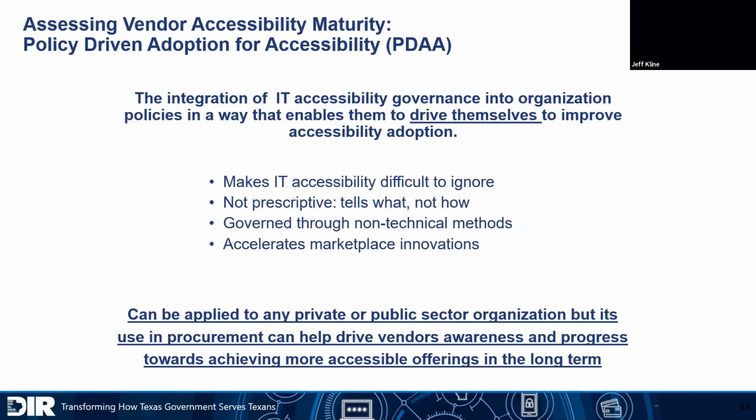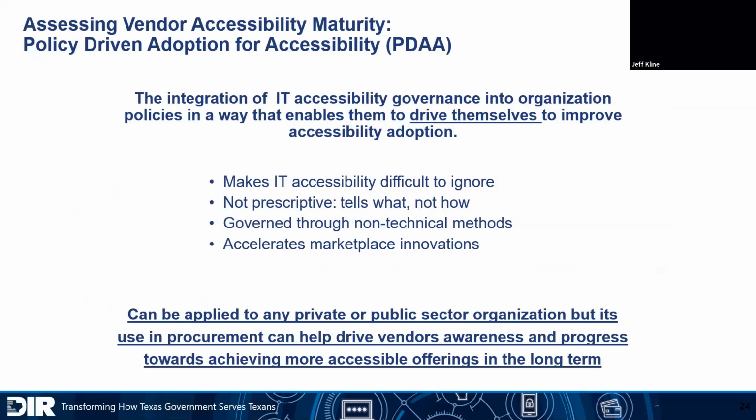Now, the last thing I want to talk about briefly is the policy-driven adoption for accessibility. And this talks about the maturity of an organization's policy, which kind of can tell you how well they can produce accessible offerings.